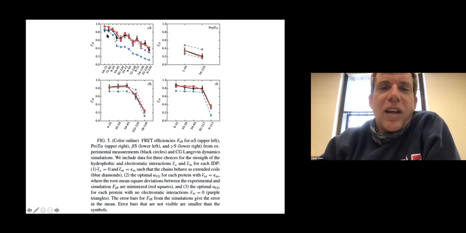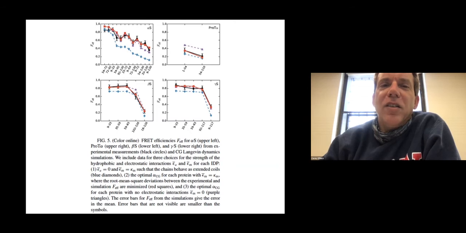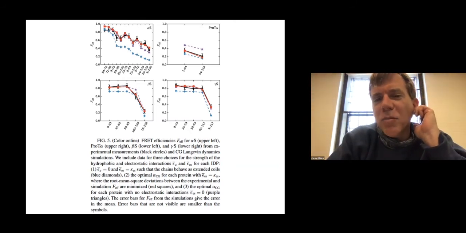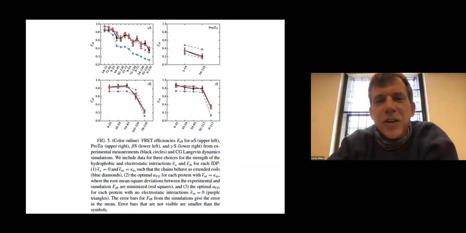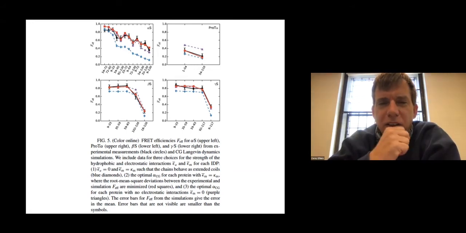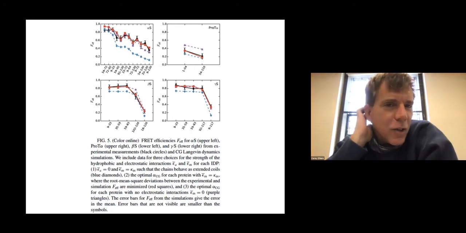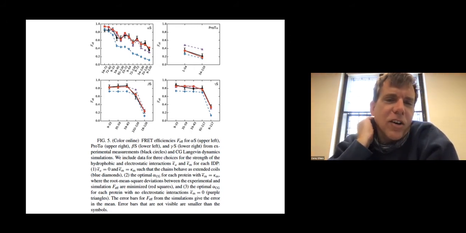But in general, since I've organized it from small separations to large separations, moving from left to right, you agree that the FRET efficiency should go from 1 to 0, because at small separations, the FRET efficiency is very high, 1. But then as the residues move away from each other, the FRET efficiency gets smaller and smaller. So there are some fluctuations on the way, but in general, that trend goes from 1 to around 0.4 for the case of alpha-synuclein.